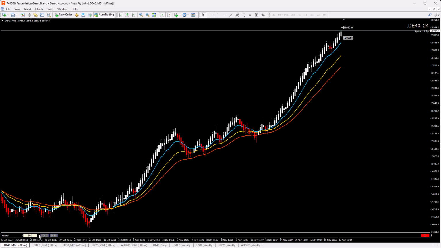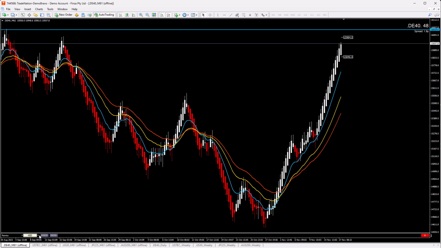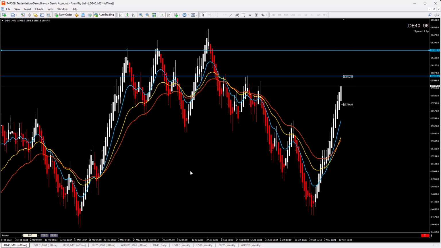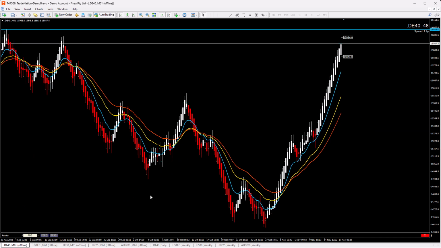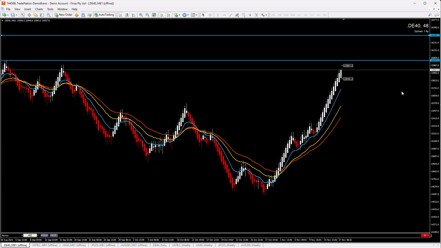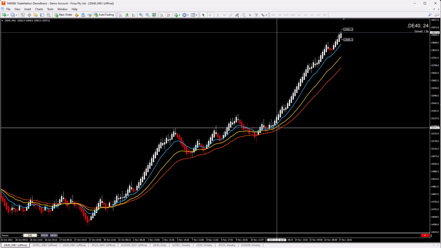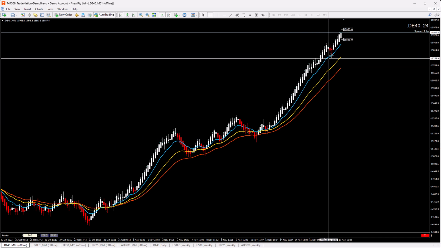Option number two is that because this move was very, very strong, we can expect, of course, some retracements. But when we can look for retracements, we can go to 240 or even 12, because we see that this move was very, very strong.